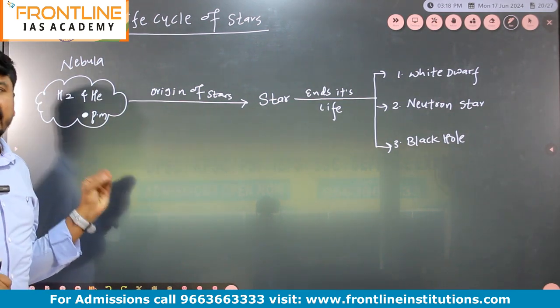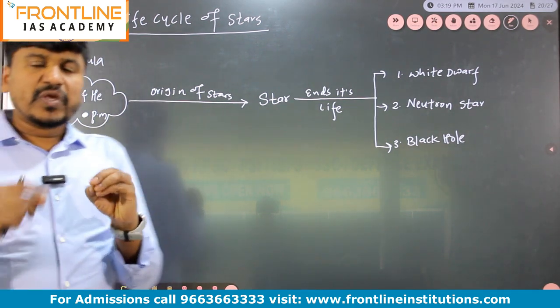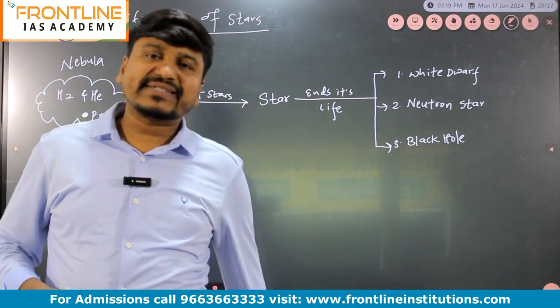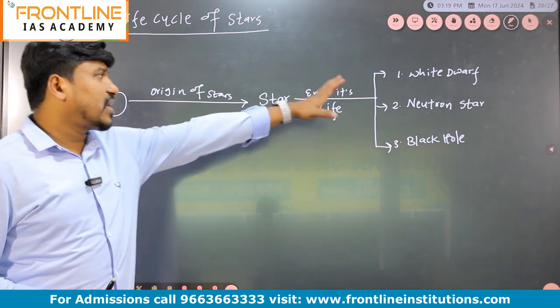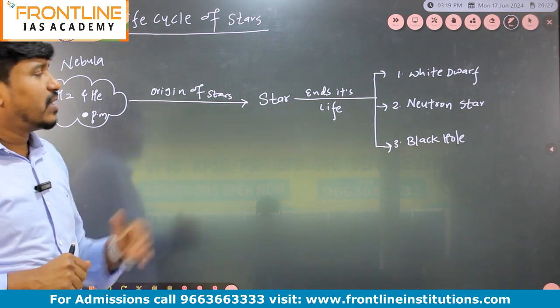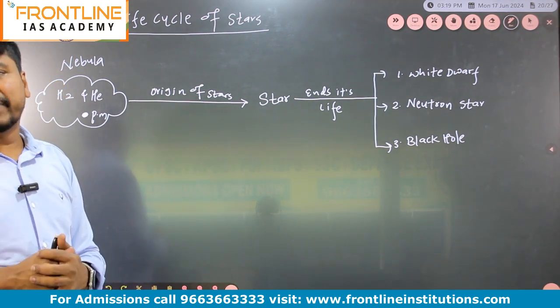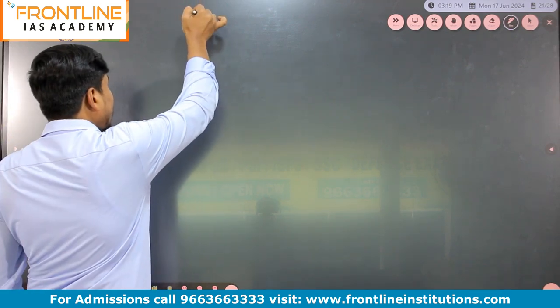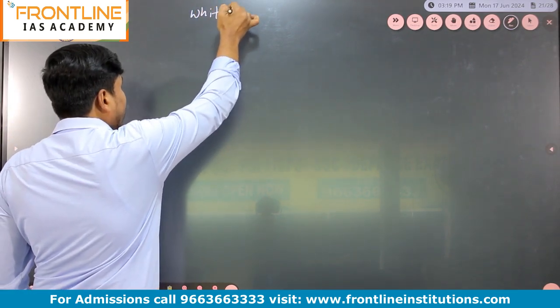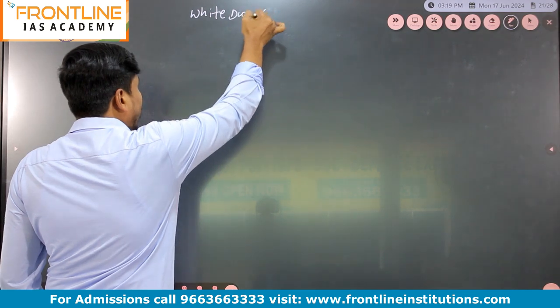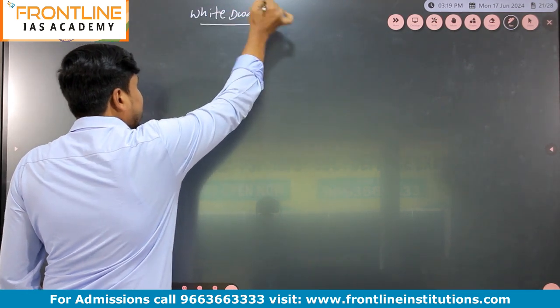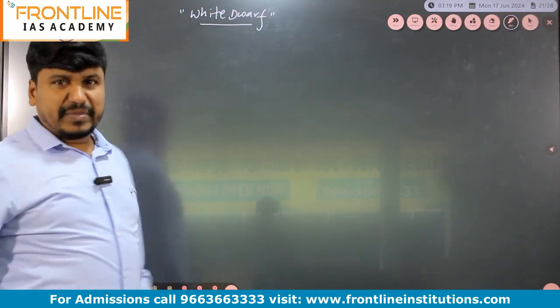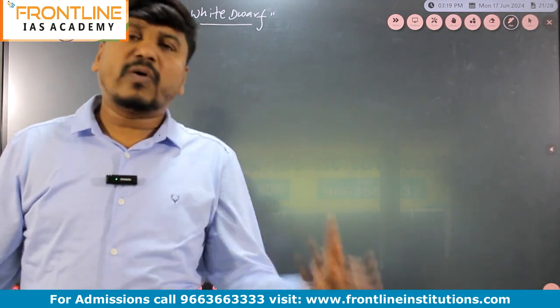First put the heading white dwarf. You should know which star ends its life as a white dwarf, which as a neutron star, and which as a black hole. So first is white dwarf. First write down the criteria to call a star a white dwarf.